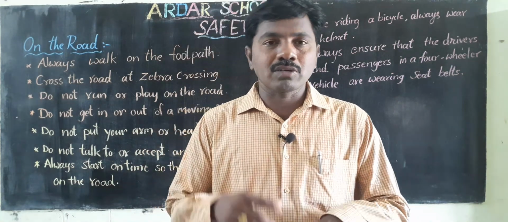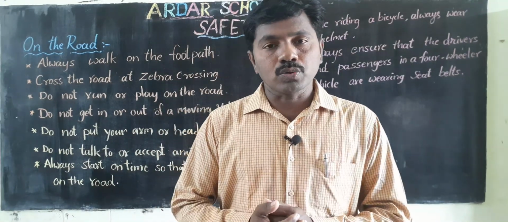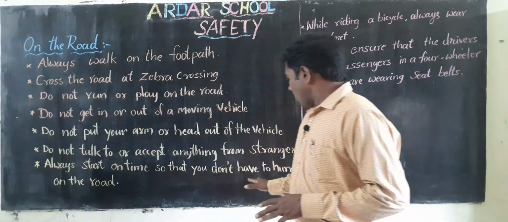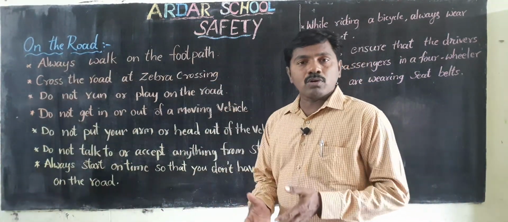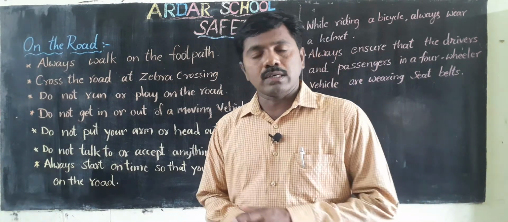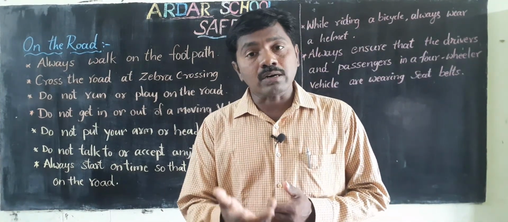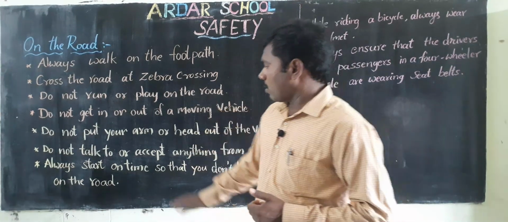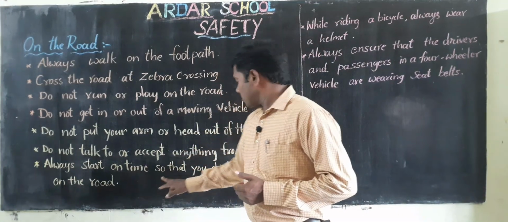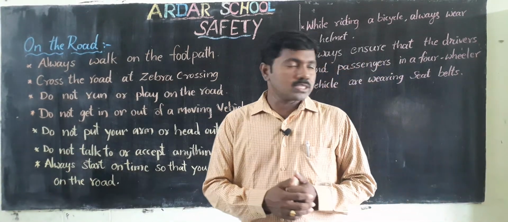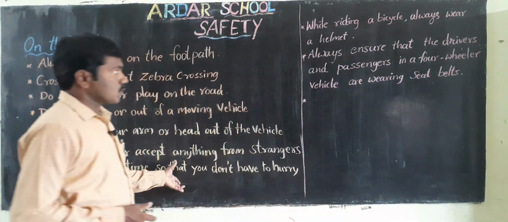They start late from the house, but they want to reach the office in time. How can they? They go very fast. At that time injuries or accidents may occur. So always start on time so that you don't have to hurry on the road. It is a very very important rule.